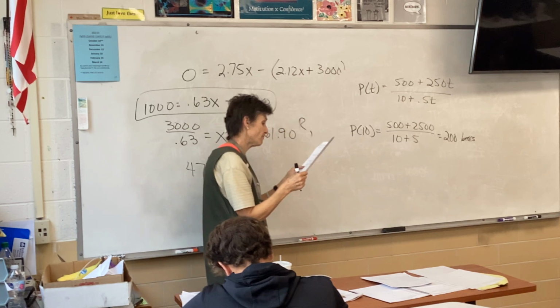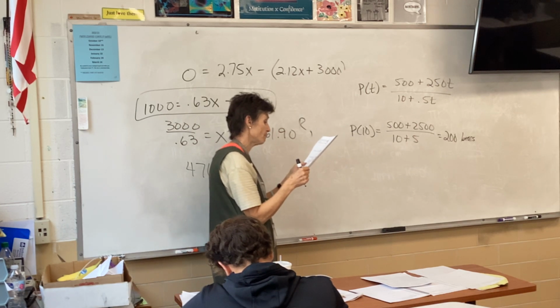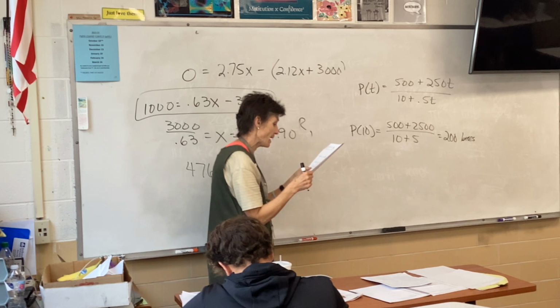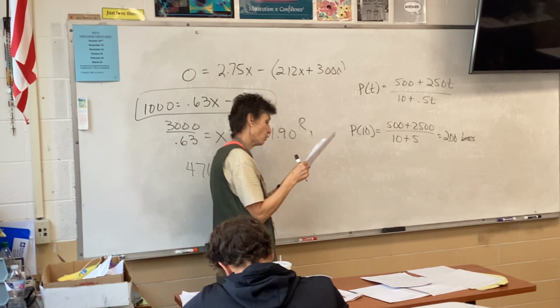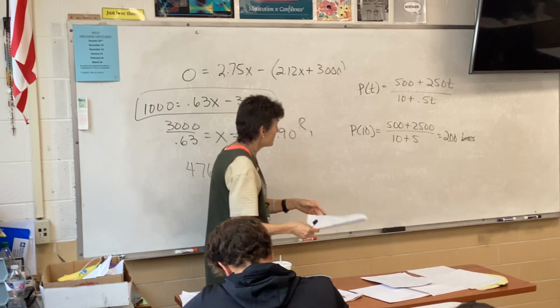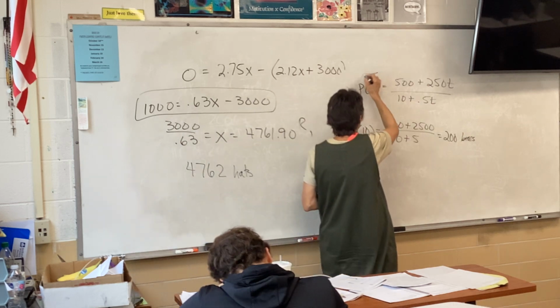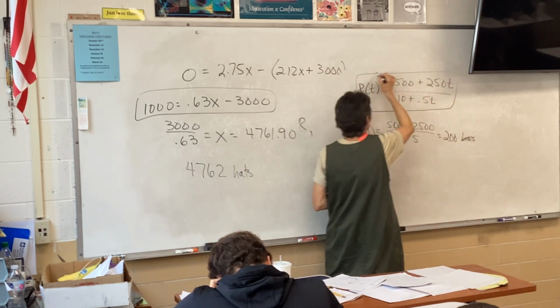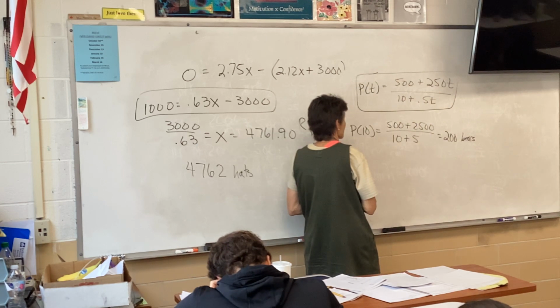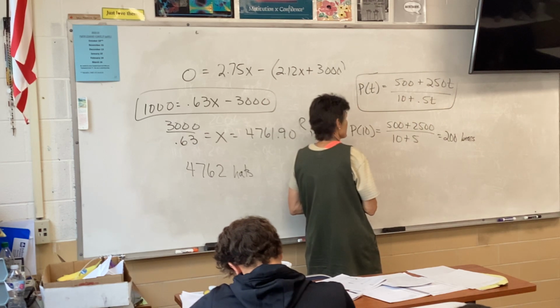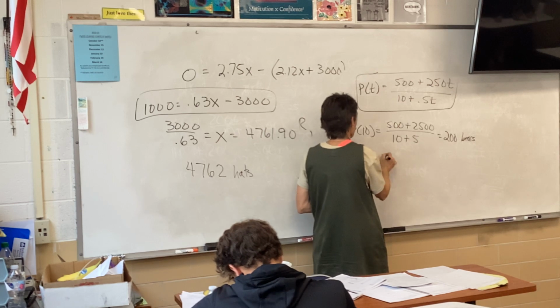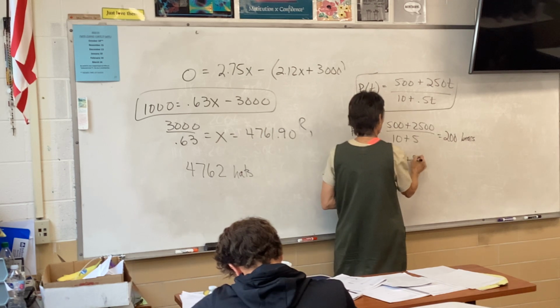Does the graph of the bear population have a horizontal asymptote? If so, what is it? If not, why not? So let's look at our function. That is no different than the equations that we were looking at earlier.